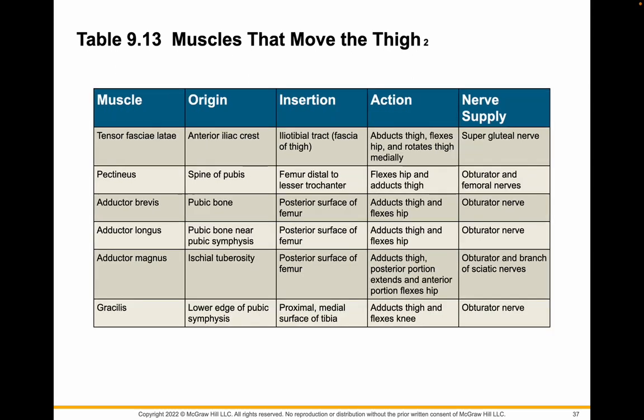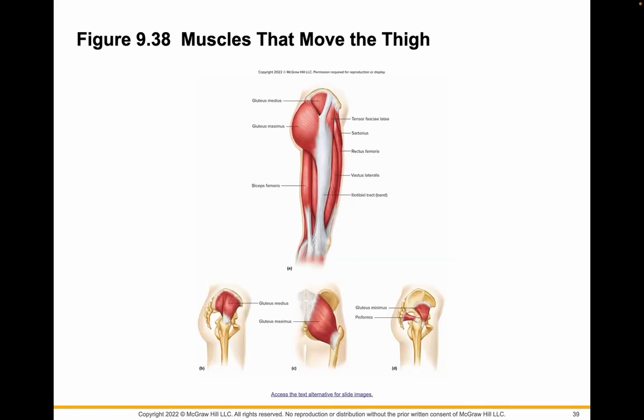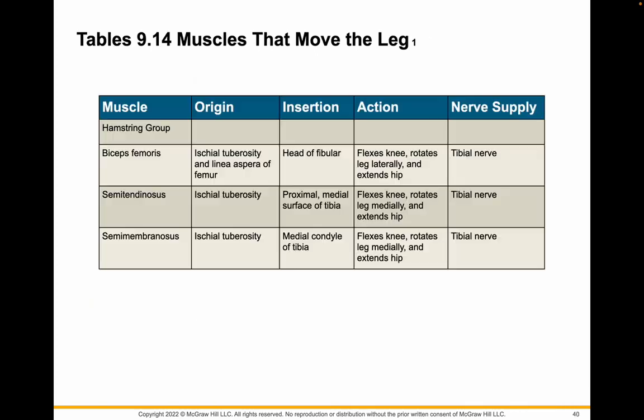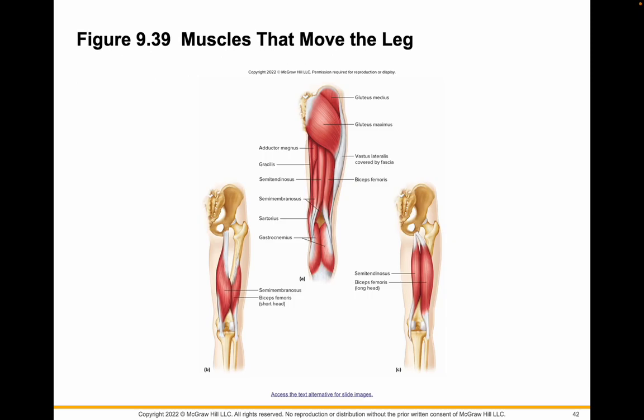Gluteus maximus, abductors and adductors, gluteus medius, biceps femoris, semitendinosus, semimembranosus, rectus femoris, vastus lateralis and medialis on either side of the rectus femoris.